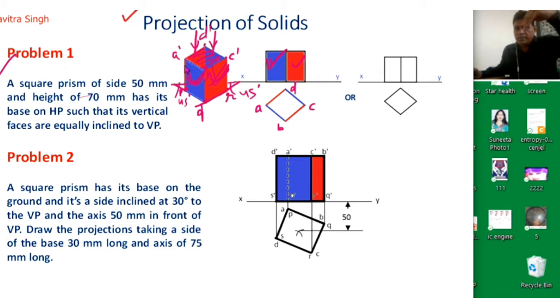So point A dash and P dash will be on this point. So here points A and P will be on this point.